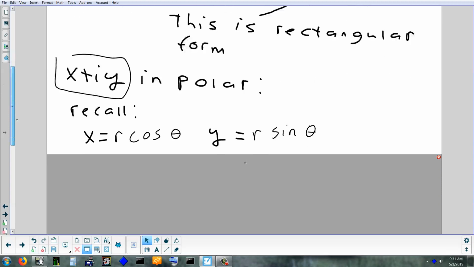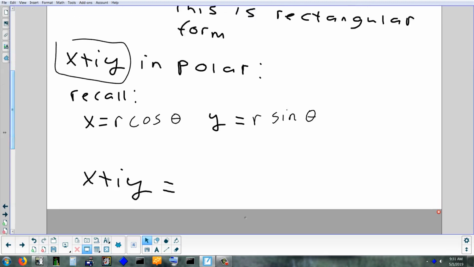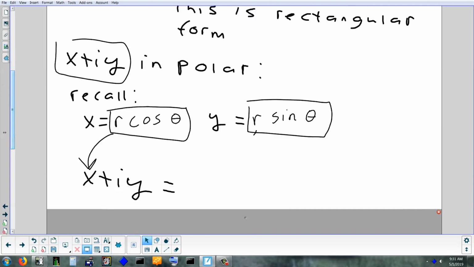Okay. So now I'm going to take this and put it in there. I'm taking how we used to write a complex number, like this, and I'm changing the x and the y.